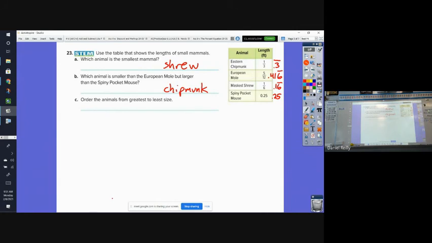And lastly, order them from greatest to least. Greatest to least, so be careful. So the answer for greatest to least is mole, chipmunk, mouse, shrew.